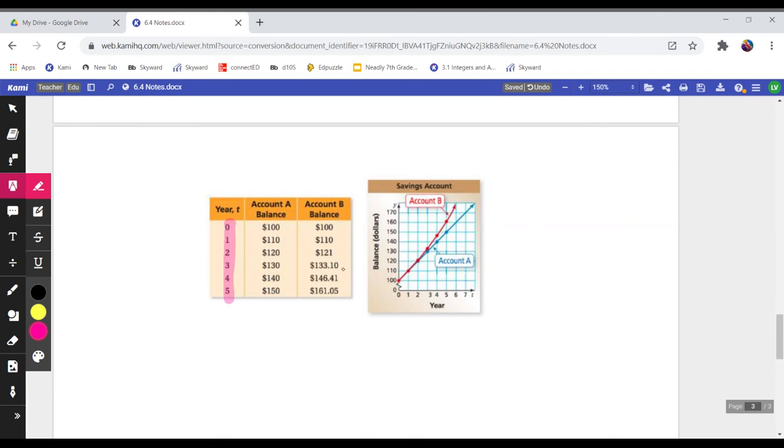Account B starts at 100 and ends at $161.05. If we look at the graphs, account A, which is the blue line, increases by a constant rate of change and is considered to be linear because it is a straight line. While account B is nonlinear because it is not a straight line. It is not increasing by the same amount every year.